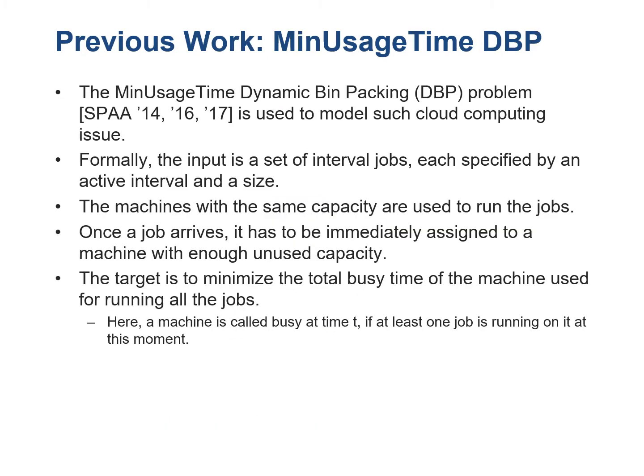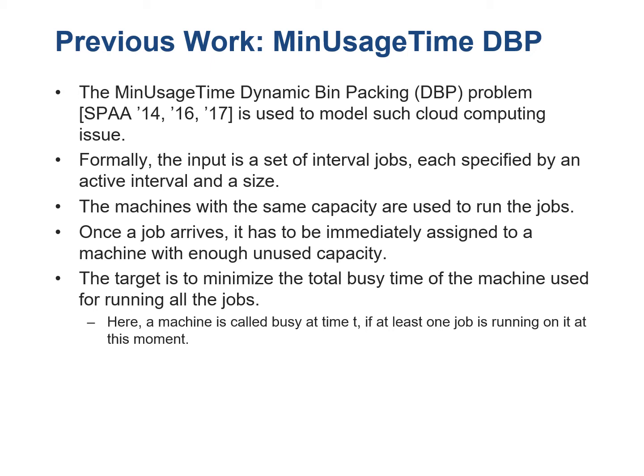Such an issue is modeled as a combinatorial optimization problem, which is called min usage time dynamic bin packing, and has been studied extensively since 2014. More formally, the input is a set of interval jobs, and each is specified by an active interval and a size. These jobs are to be processed by machines with the same capacity 1.